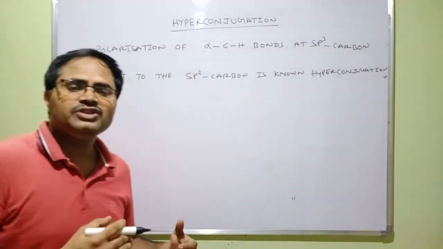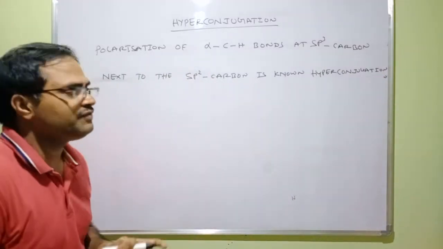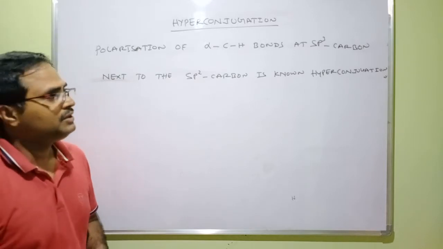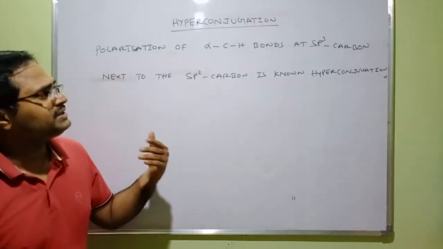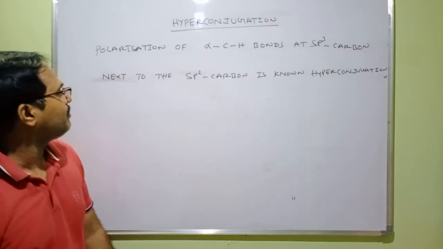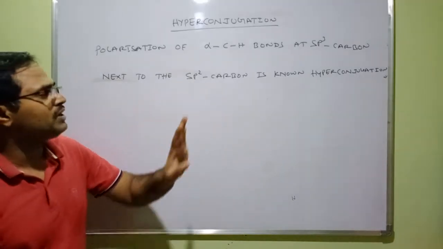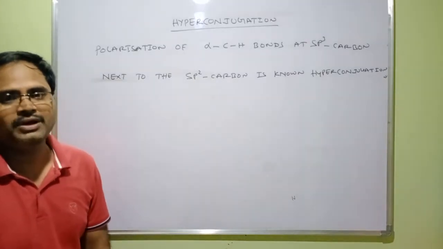So the definition looks a little tricky, but it is very simple to understand. Polarization of alpha CH bonds at sp3 carbon next to the sp2 carbon is known as hyperconjugation.